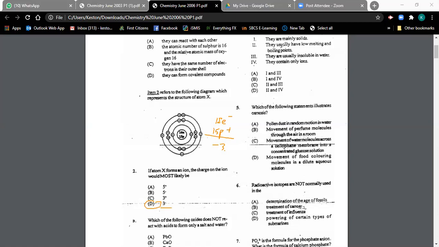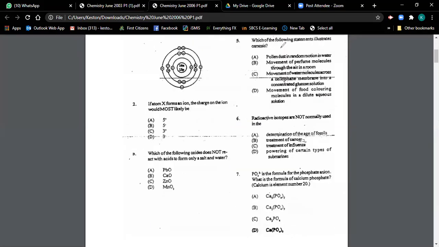Number 3, which of the following oxides does not react with acids to form only a salt and water?